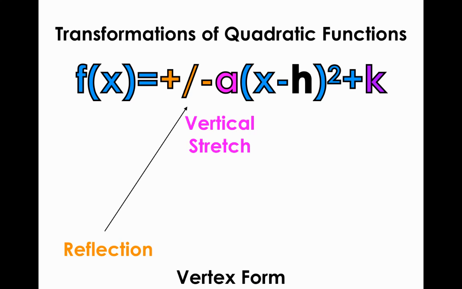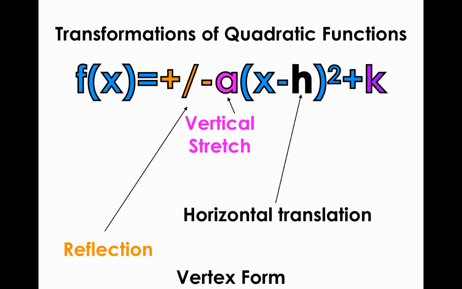Then we have a, which is our vertical stretch, and that tells us how narrow or wide our graph is going to now be. Then we have our h value, and our h value is going to tell us how much it's going to move to the right or the left, our horizontal translation. And our k value tells us our vertical translation, how much it moves up or down.